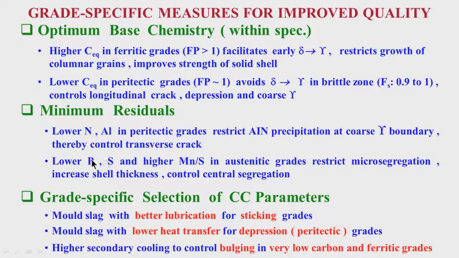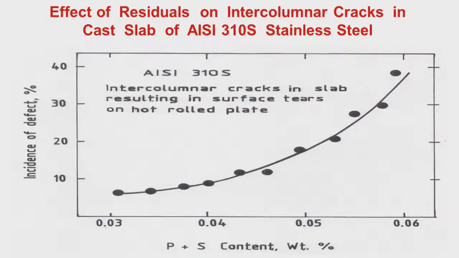Then I have talked about austenitic solidification grades, where the solidification is taking place totally through the austenitic mode. What is happening there? There we must have lower phosphorus, sulfur and a higher manganese by sulfur ratio in austenitic grades. I have given you the example of AISI 310S, which is austenitic solidification. If we can reduce this phosphorus and sulfur, the incidence of defects, intercolumnar cracks in the slab, is much less.